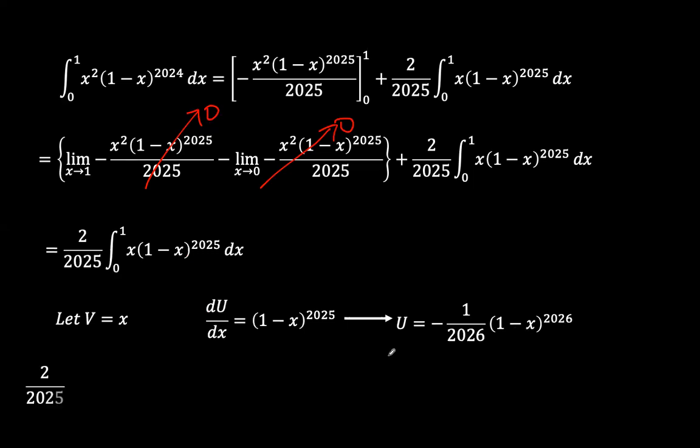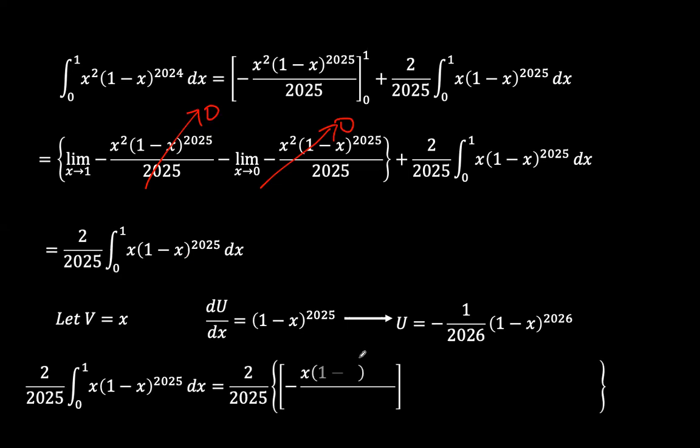So now, taking this integral into account, and getting the constant where it is, our uv is x times this, which is negative x times (1 minus x) to the power 2026 over 2026, obviously with the bounds 0 and 1, and then plus, again, this negative here interacting with the negative in uv minus the integral, so this becomes positive, 1 over 2026, the derivative of v, which is x, is 1. So we just now have a bare integral of (1 minus x) to the power 2026.